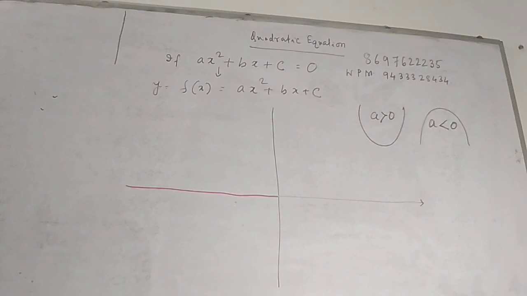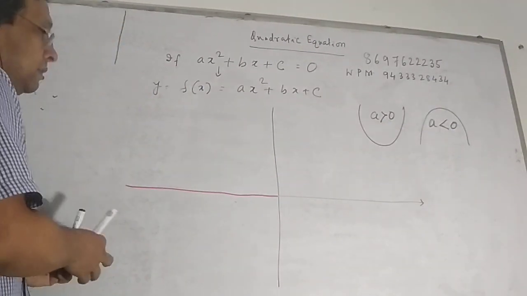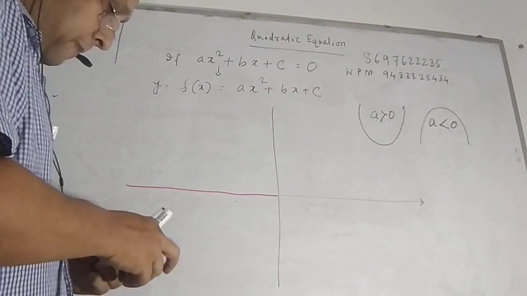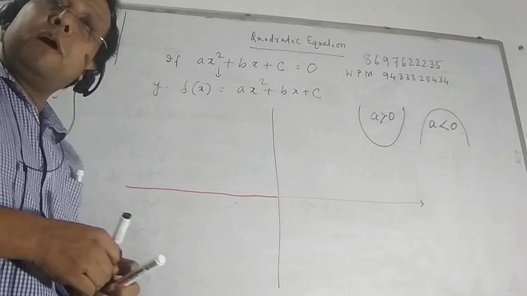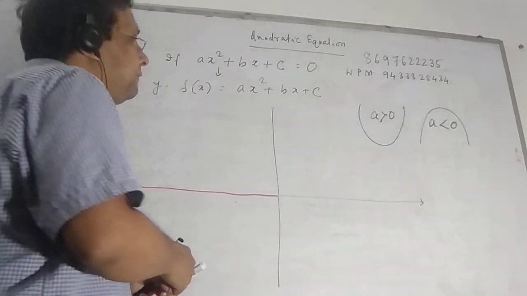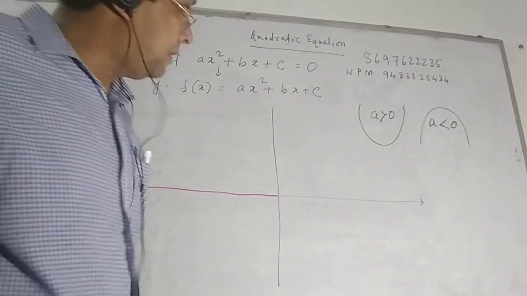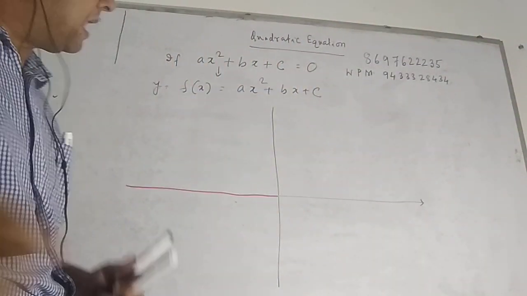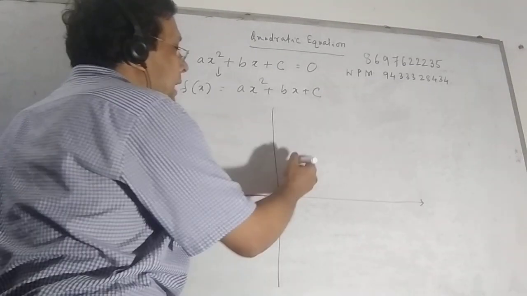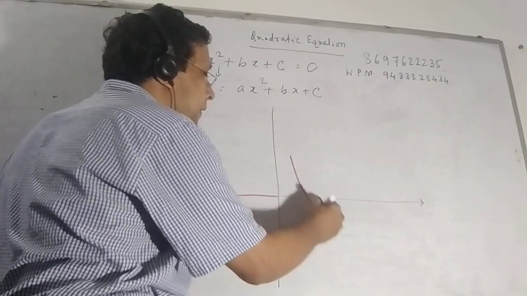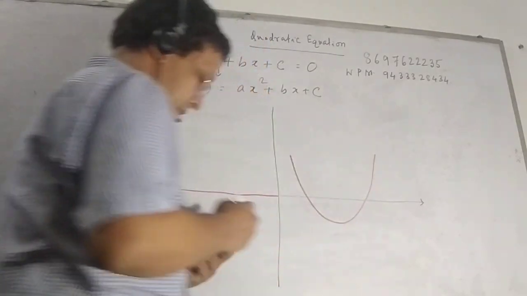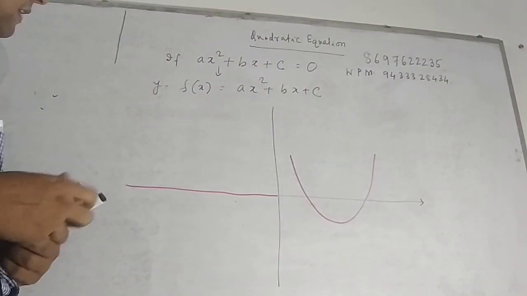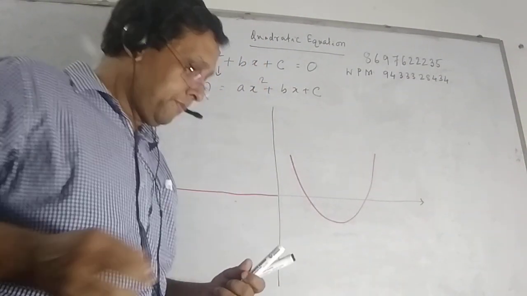If I draw the parabola like these shapes, let me now rub this also. If I draw the parabola like this, what do you understand?